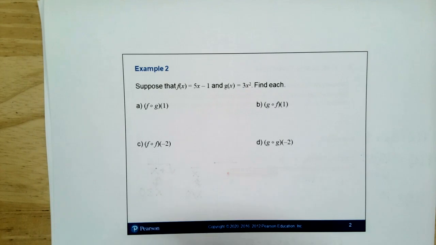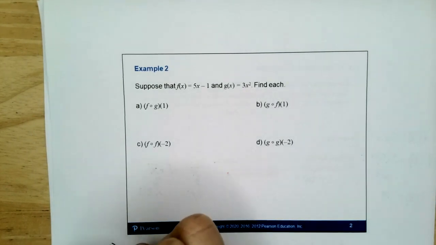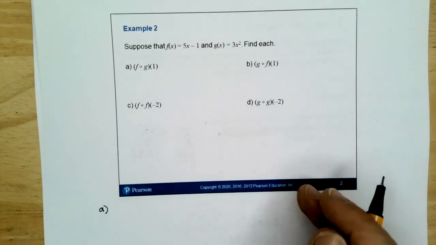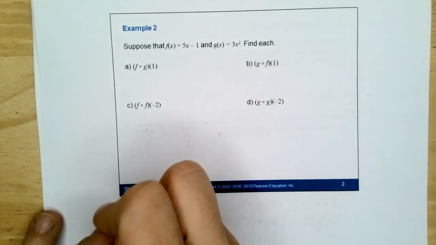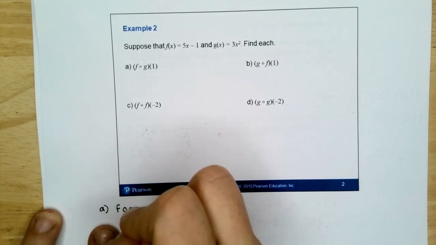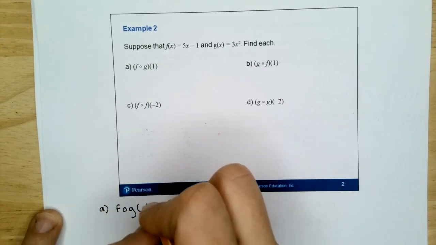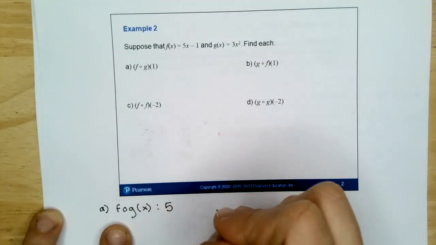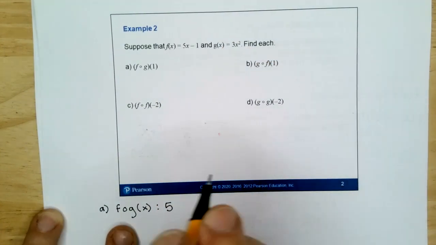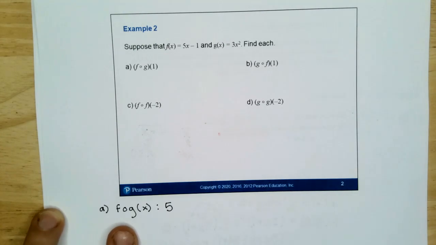Okay, so if I was to do f of g of 1, f of g of x is going to be that f of x, 5x minus 1, but instead of x, right?